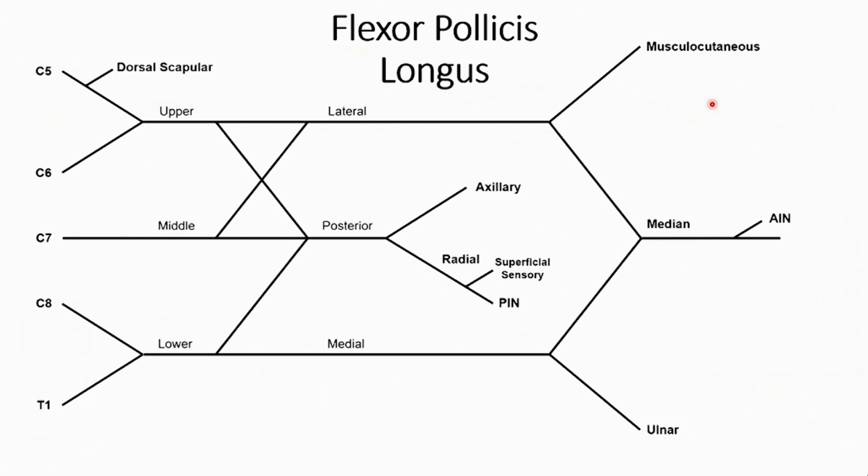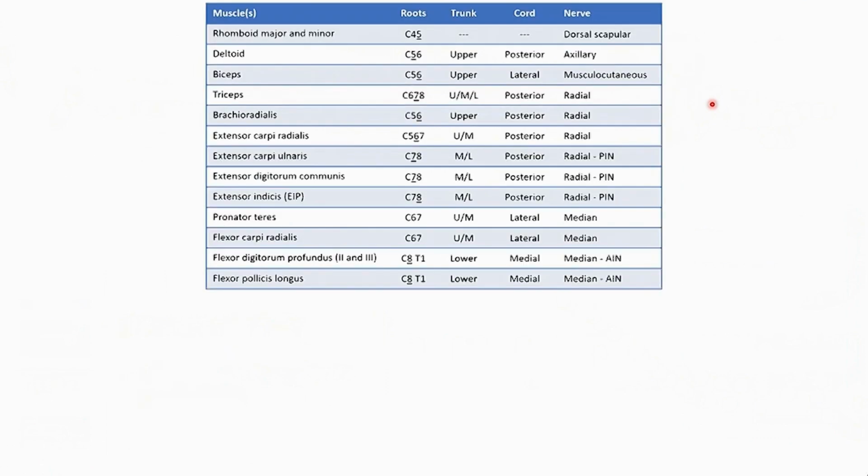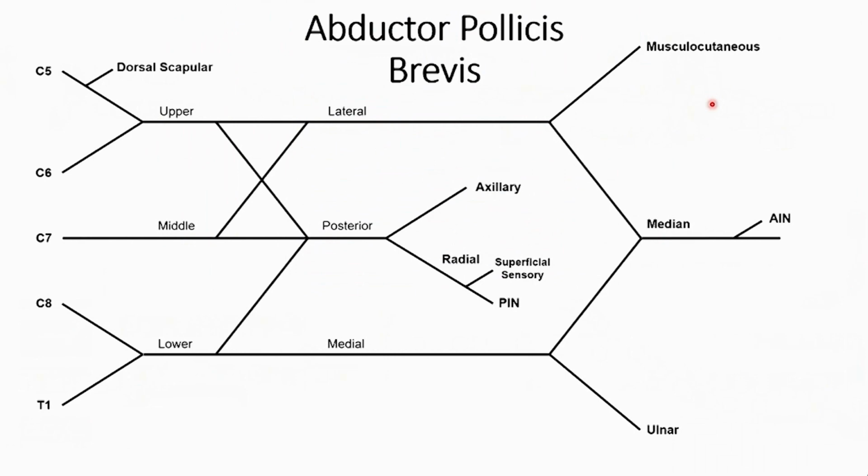Flexor pollicis longus, C8, T1, lower trunk, medial cord, median nerve, anterior interosseous nerve. Also primarily C8. Abductor pollicis brevis, C8, T1, lower trunk, medial cord, median nerve.